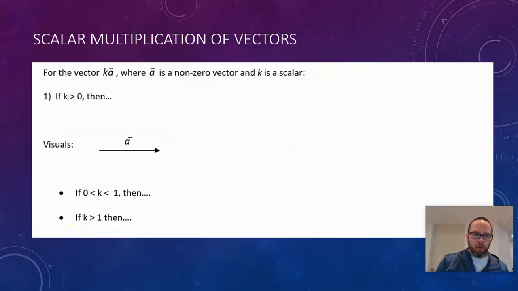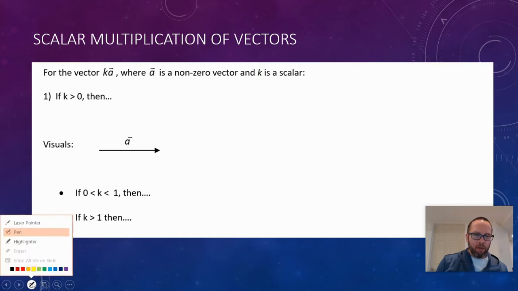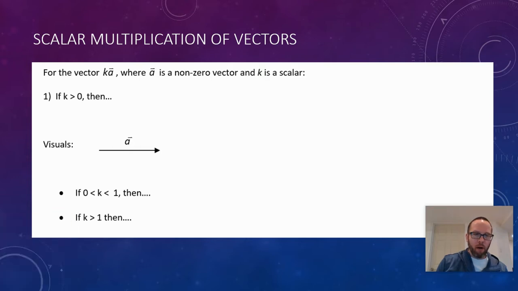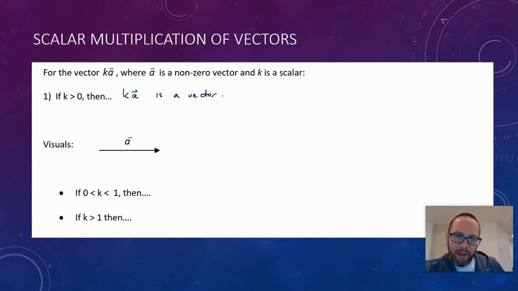All right. So let's say we have some vector A, and then we're going to take the vector k times A, and k is a scalar here. There's a few cases. So we're going to look at the case first where k is positive. So if k is positive, then kA is a vector in the same direction. I'm writing on a tablet, so my handwriting is a little more terrible than it usually is.